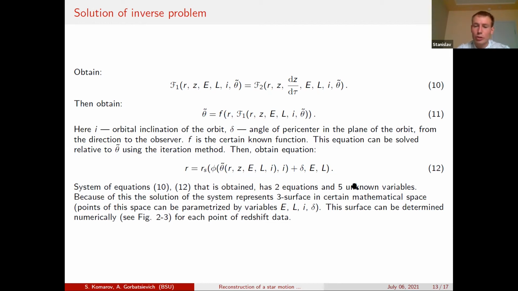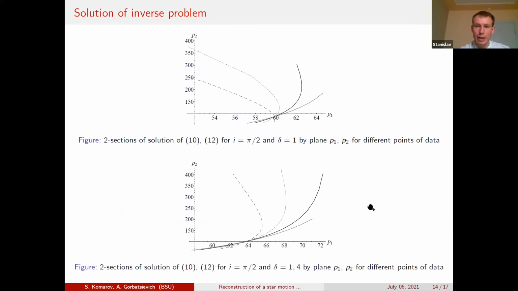two equations with 5 unknown variables. These unknown variables are energy, momentum, inclination angle, the initial angle on the orbit of the source, and also the initial time of pericenter passage of the star. After this, we can write down such surfaces.